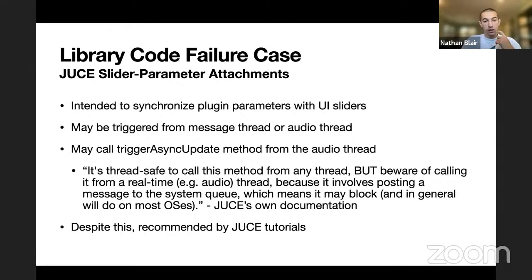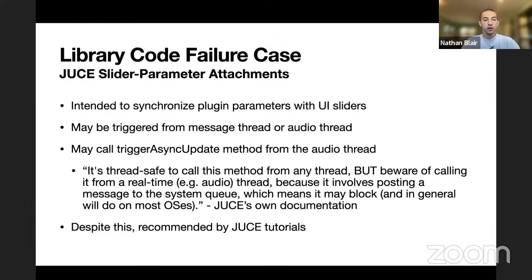Okay, in particular, I want to talk about these JUCE slider parameter attachments. Maybe you've seen this if you've done any audio programming before. It's a really common design pattern in JUCE, and it's in many of the tutorials online. I'll say these actually work pretty well. I haven't encountered really any issues with the JUCE slider parameter attachments, but they do make this trigger async update call from the audio thread potentially. It's going to happen when you're automating parameters in certain hosts.